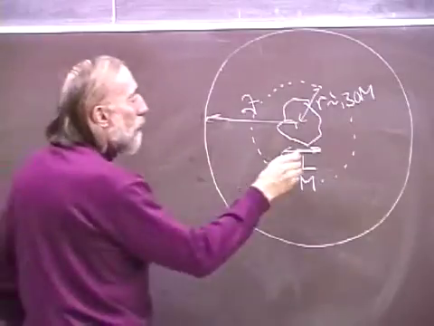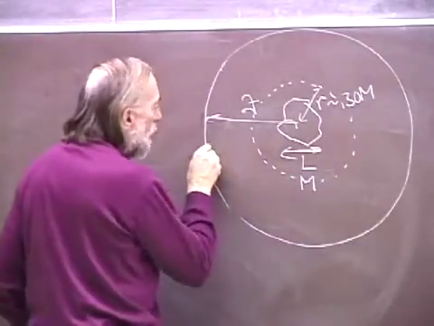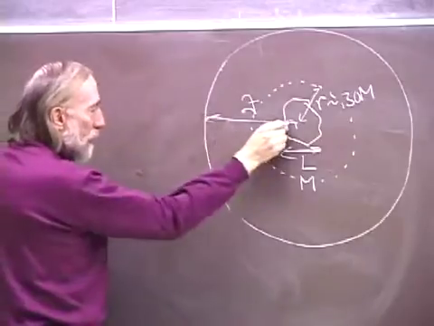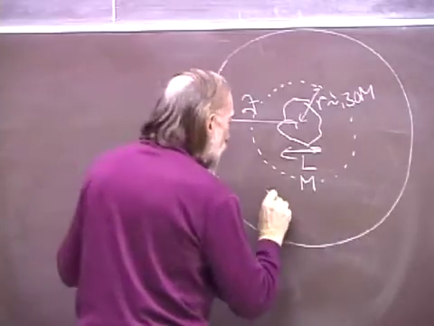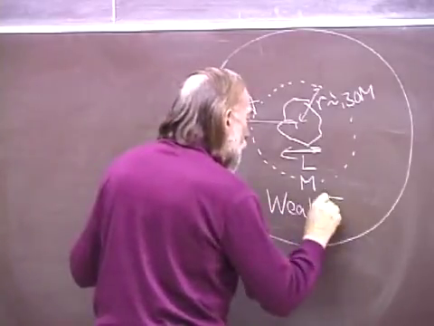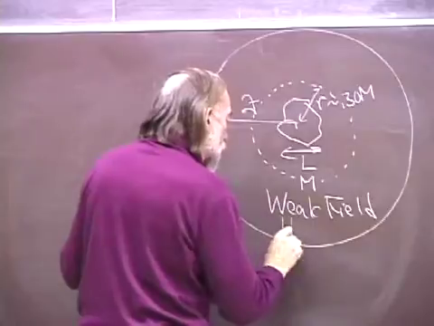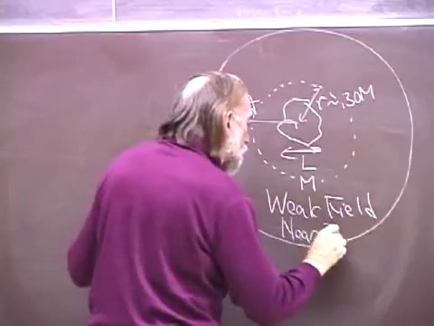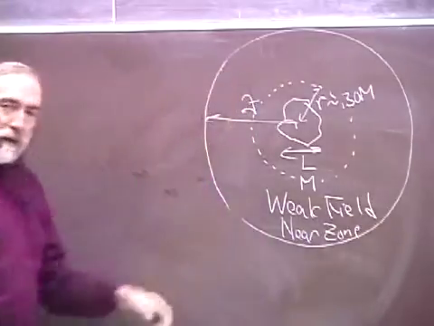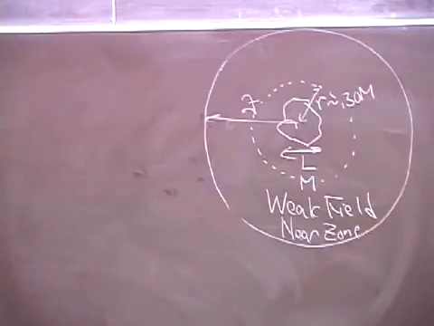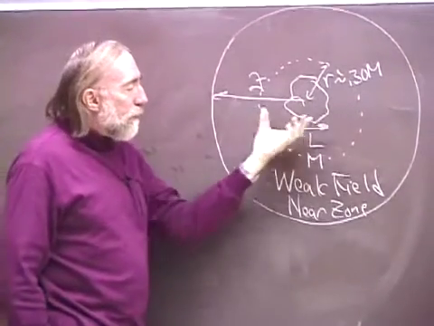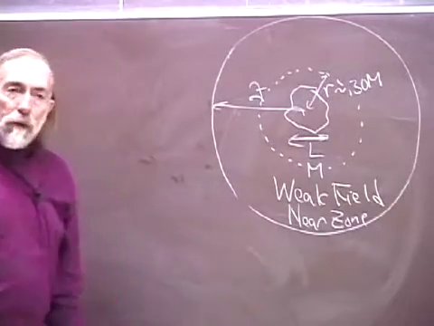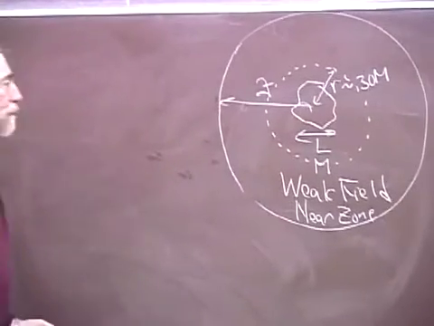This region between where gravity becomes weak and the beginning of the radiation zone, this region I'm going to call the weak field near zone. The phrase near zone is used in electromagnetic theory for the region inside a reduced wavelength. This is the weak field near zone because I am not allowing myself, when I talk about it, to consider the very strong gravity region, if there is a very strong gravity region.